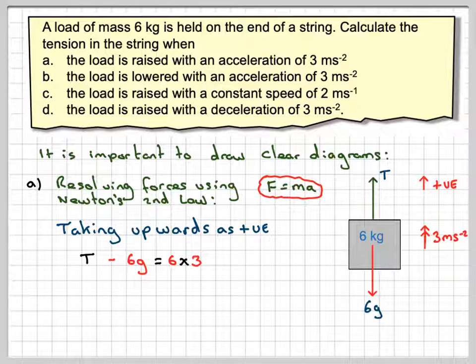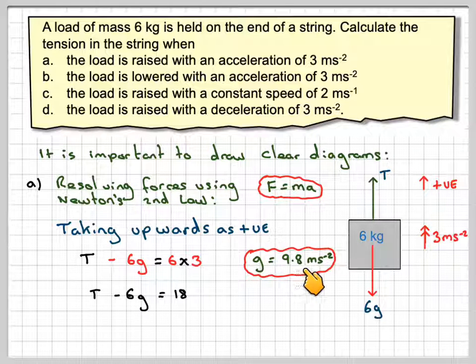Then we can just solve that. T minus 6g is equal to 6 times 3, which is 18, so T will be equal to 18 plus 6g. Taking g as 9.8 meters per second squared, T is equal to 76.8 newtons.